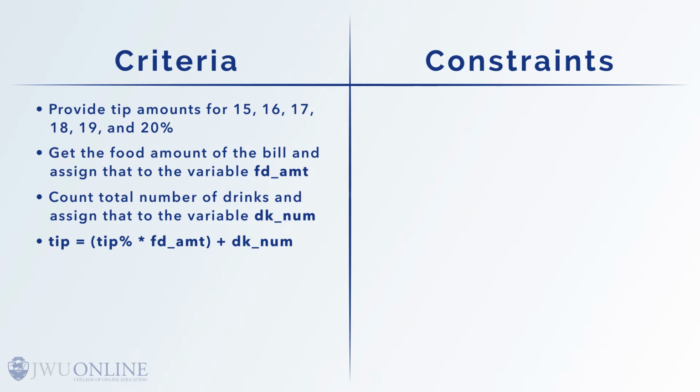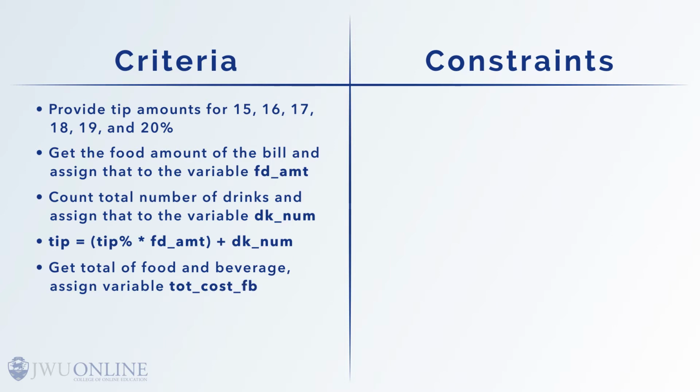Criteria for the tax portion of our solution is just a little more complicated. In this case, we need the combined value of our food and beverage amount. Let's call that TOT_COST_FB. We also need a tax rate, depending on where you are.